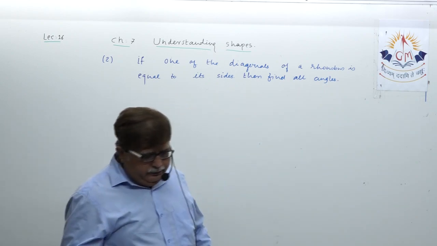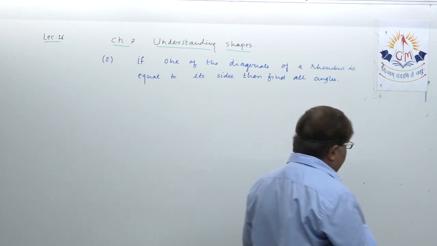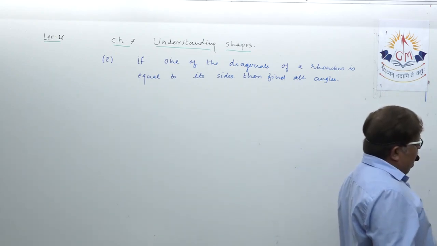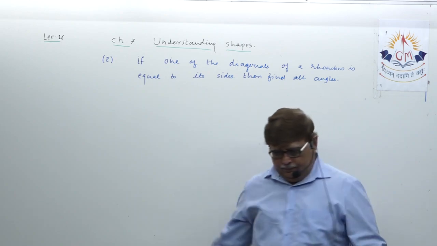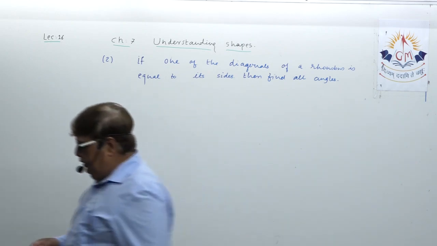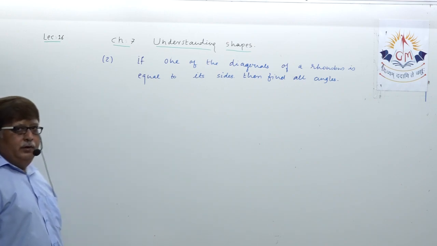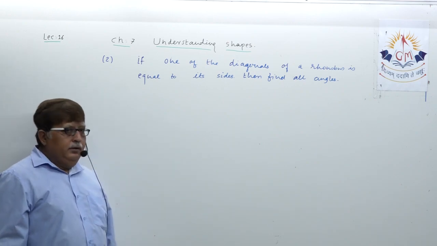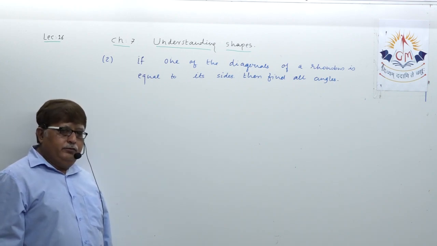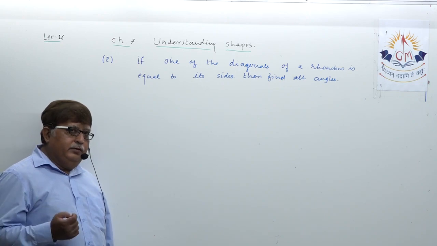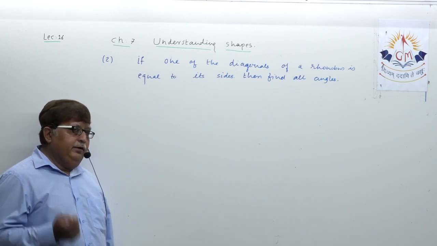Before you solve the sum, it's very important to understand the given data. What is given in the data, that you first need to understand. Nowhere have they mentioned in this particular example any numerical values. In the previous example they had mentioned already.